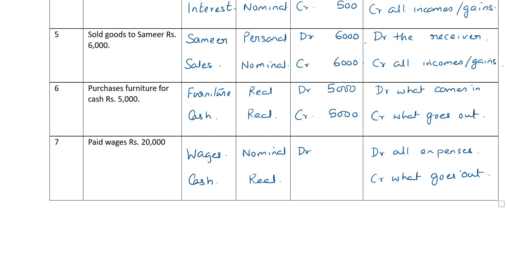So we need to debit the wages account with 20,000 rupees and credit the cash account with 20,000 rupees. So we've done a small example by looking at a few sample transactions and deciding which account to debit and which account to credit based on traditional approach to accounting.